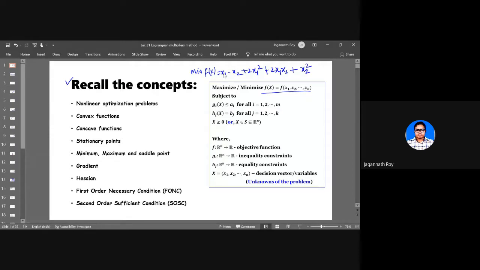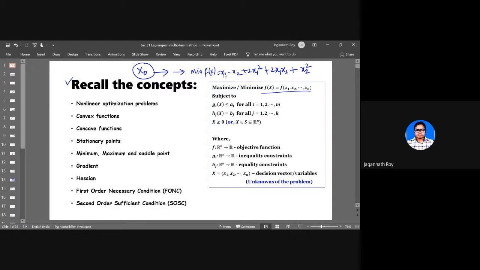There we did not have any restriction. x1 and x2 can be anything. The only thing is we had to guess one initial point, a starting point x naught, and no constraints were given.